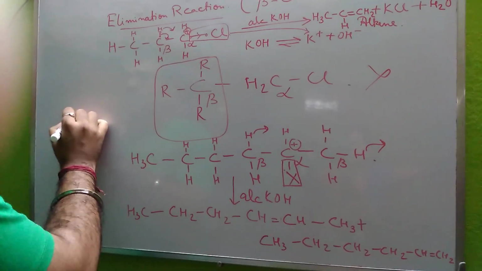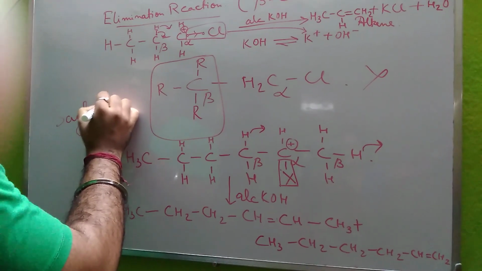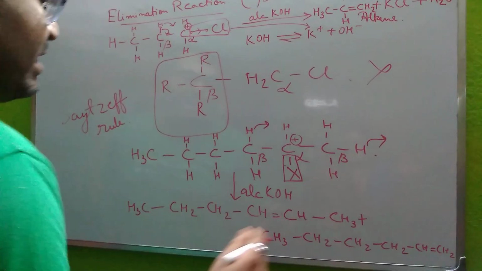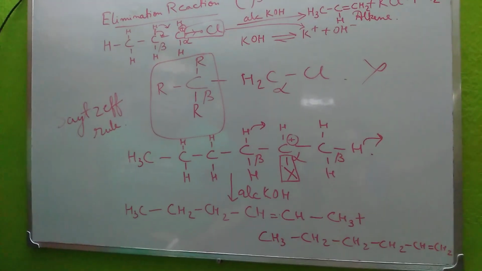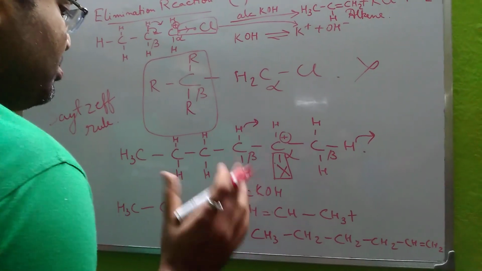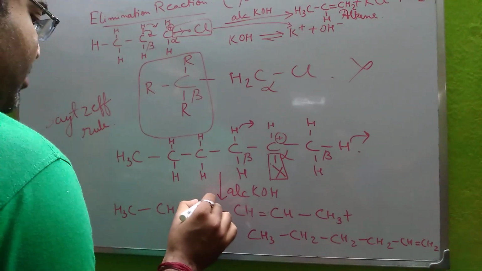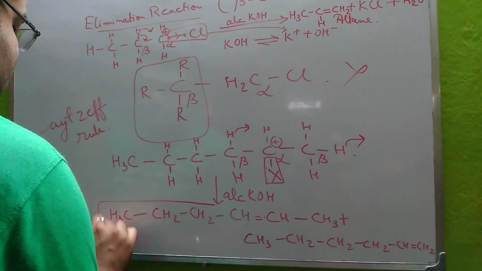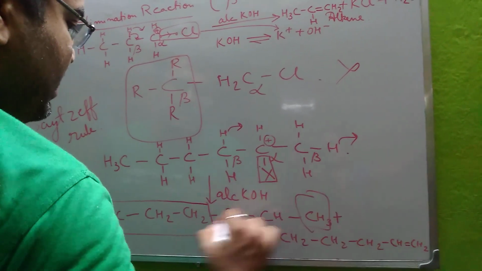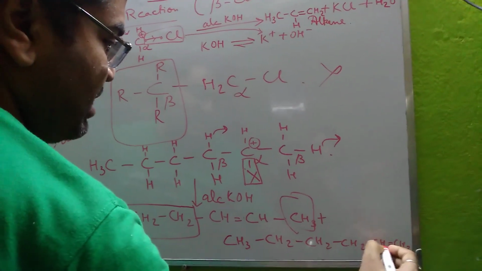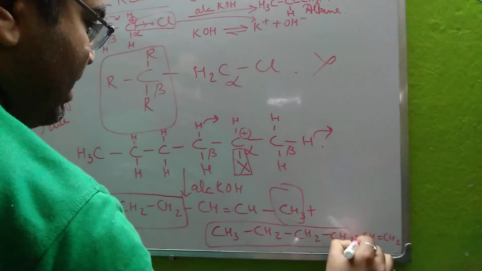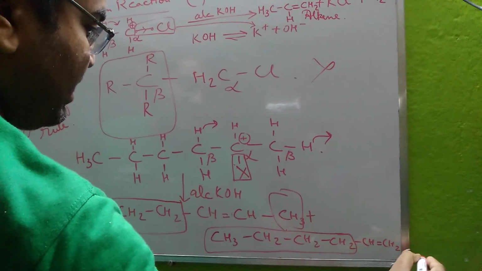For that, Saytzeff, a chemist, gave a rule that the alkene will be more stable if a longer alkyl group chain is attached to it. Over here you can see that next to this double bond there is an alkyl group, and over here is also a smaller alkyl group. But over here, after this carbon there is an alkyl group, whereas next to this carbon there is no alkyl group.